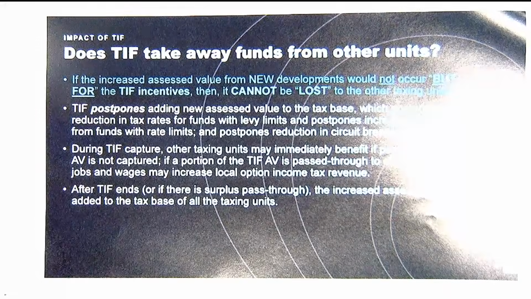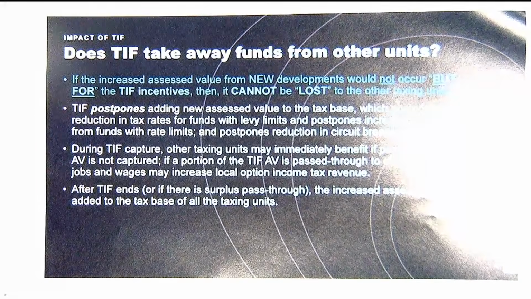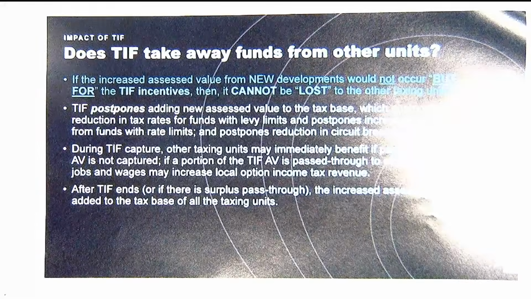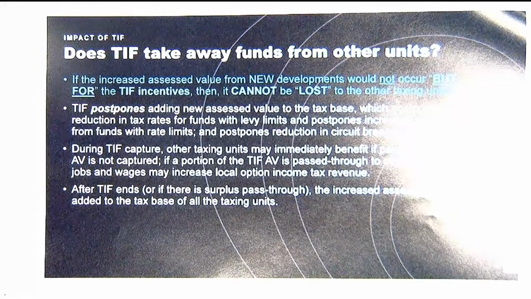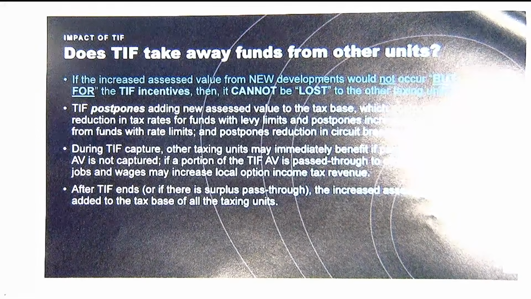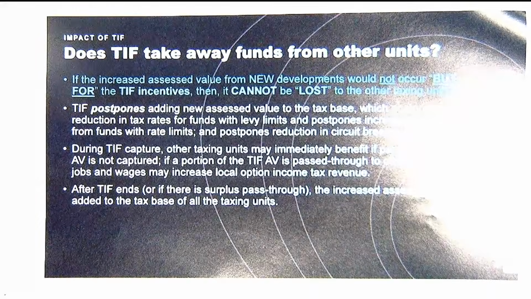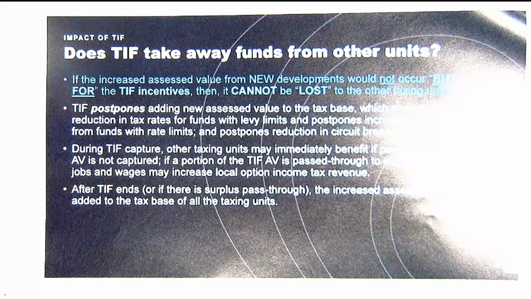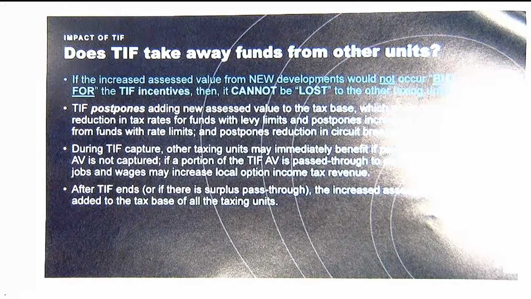For example, your Fieldhouse project would not have come through or been able to happen had this allocation area not been created. So you cannot say that the TIF is taking away from the overlapping taxing units, because this new development would not have occurred if this new allocation area was not created.